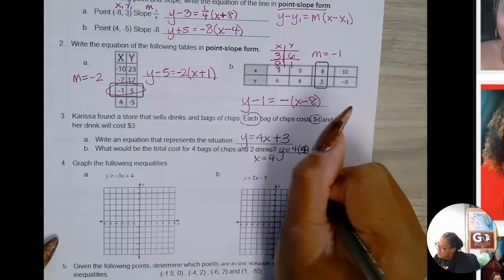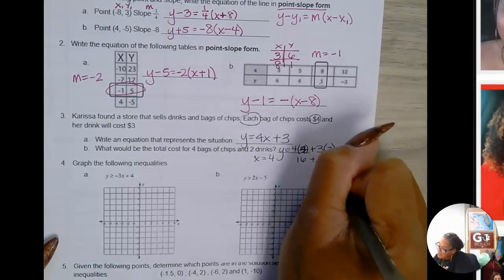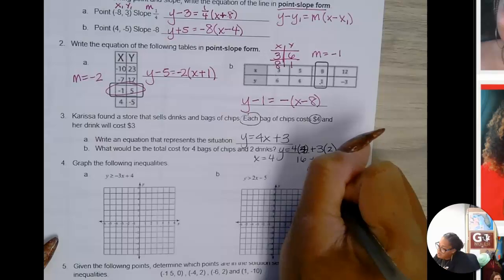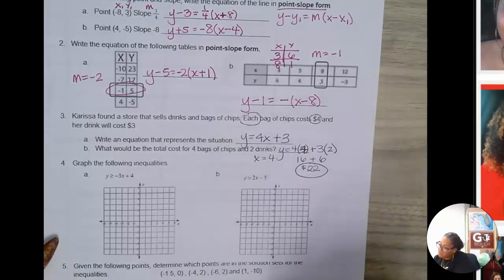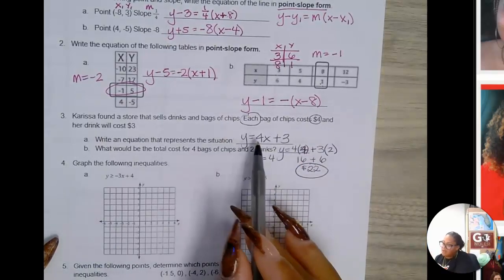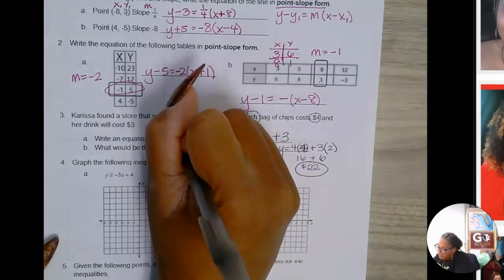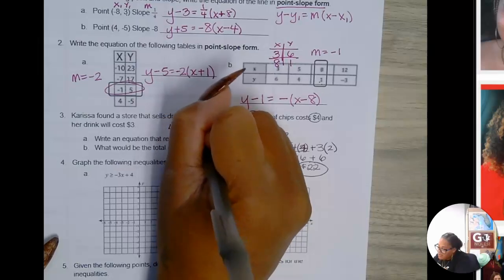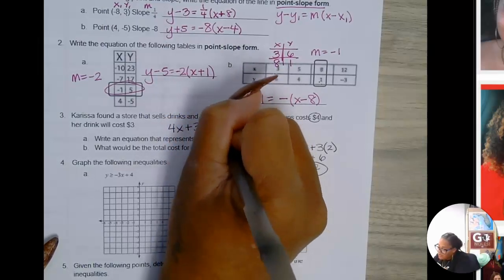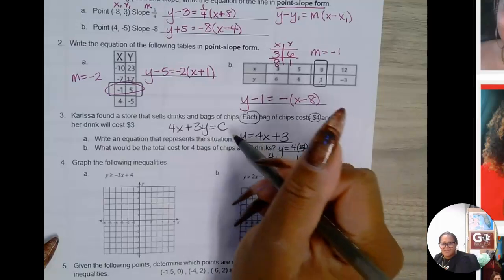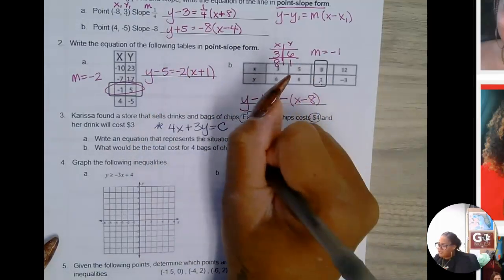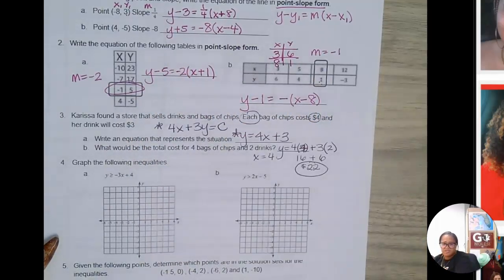Alright, 4 times 4 is 16, plus 6, and this will be $22 total. Typically they'll say the total is something else, so I also could have done 4x plus 3y equals the total cost. Read carefully when you see a question like this on the test on Friday.